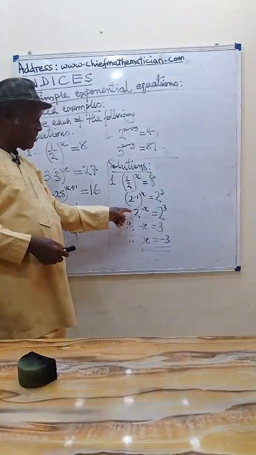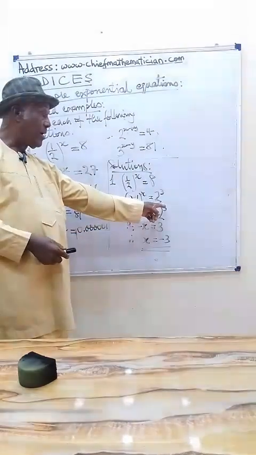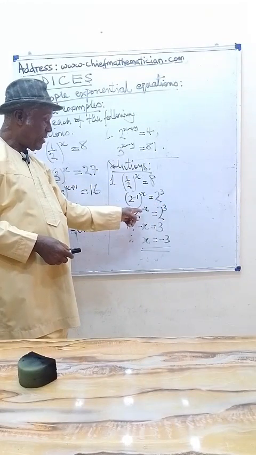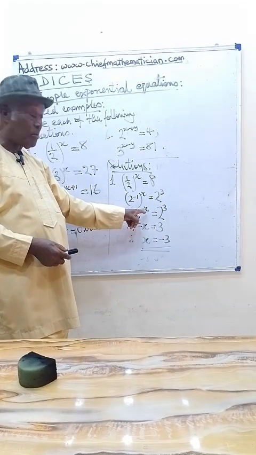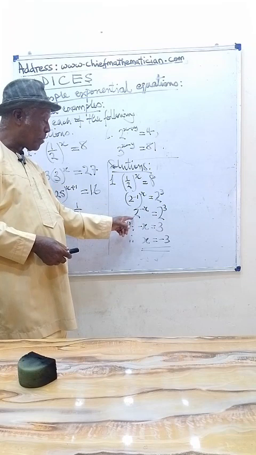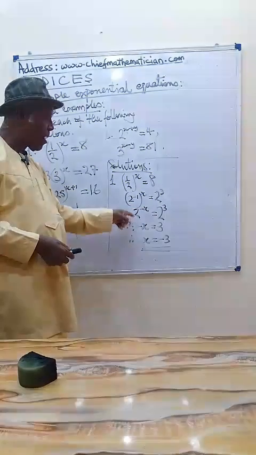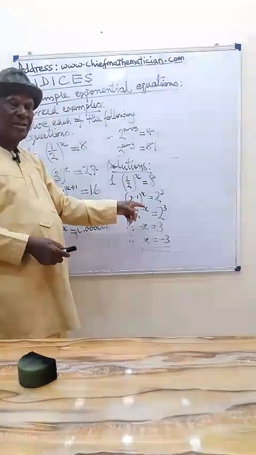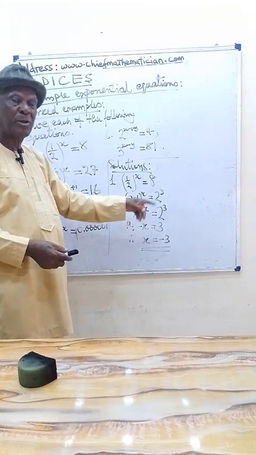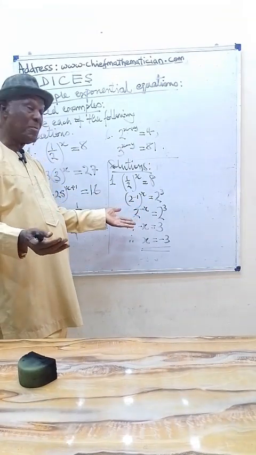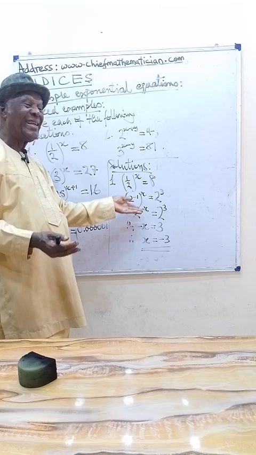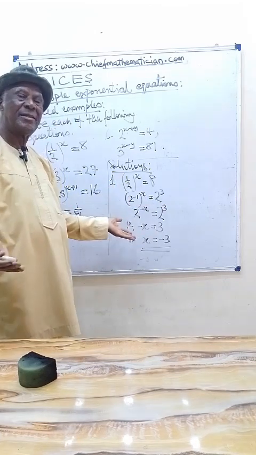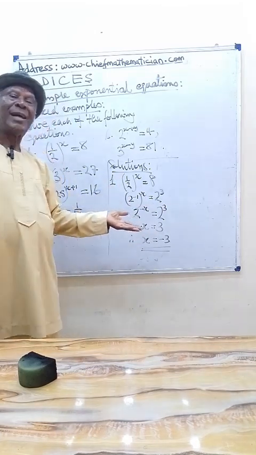That is 2 to the power minus x is equal to 2 to the power minus 3. Minus 3 becomes plus 3. Which means 2 to the power 3 is equal to 2 to the power plus 3. Is there any argument about that? No argument.